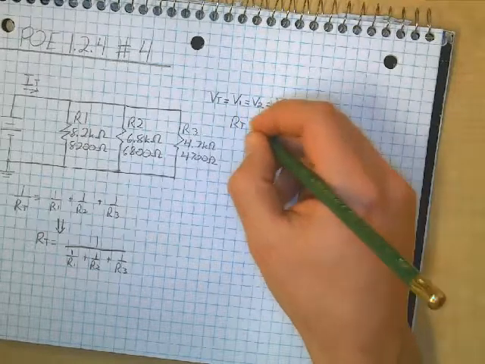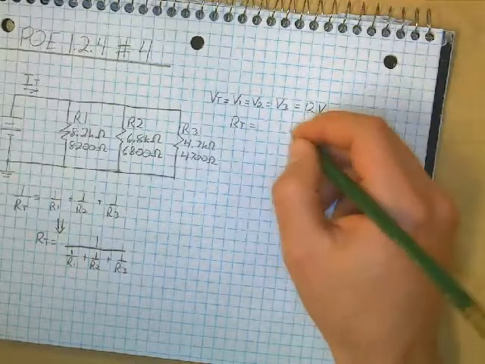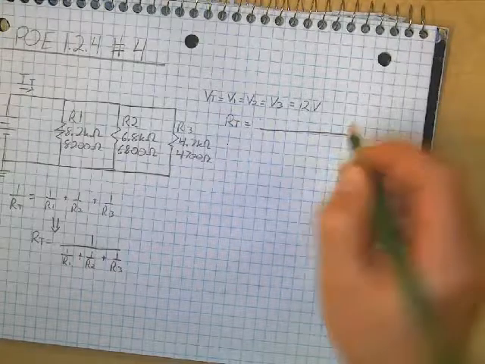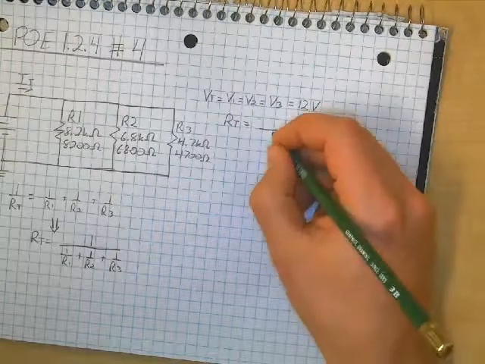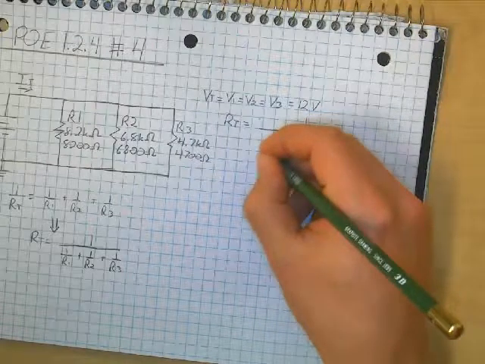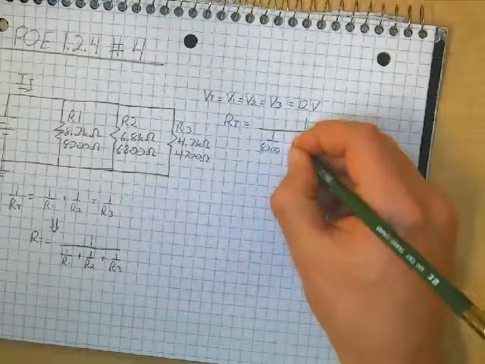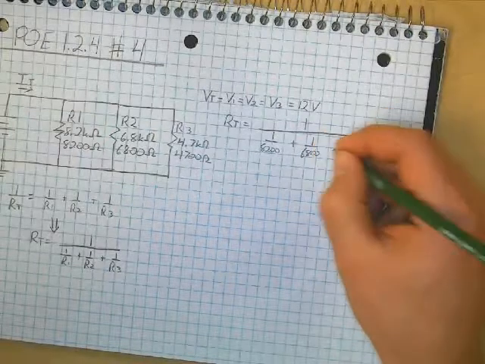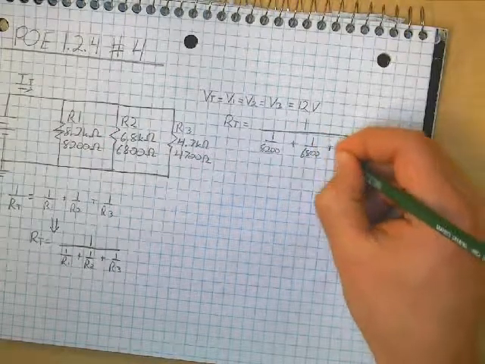So RT is equal to, I'll write it this way first, 1 over (1/8,200 plus 1/6,800 plus 1/4,700).